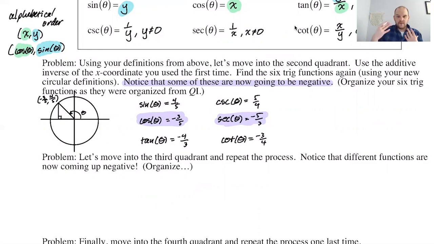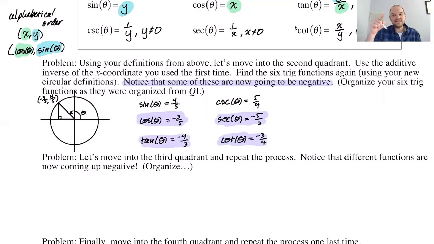So other things that ended up negative: tangent, right? Tangent, because it's sine over cosine. I think I literally forgot that that was going to happen. As I was talking, I was like, wait, what's positive, right? So now 4 out of 6 of them are negative.